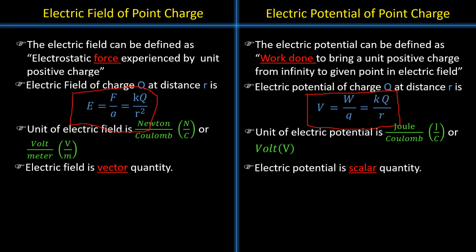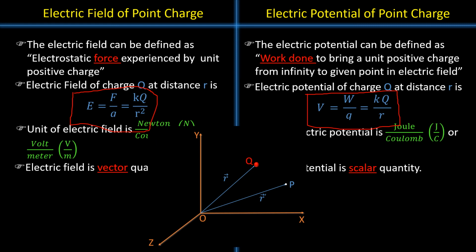Very important difference. Understand that electric field is also influence of charge, electric potential is also influence of charge, but electric potential is slightly easier quantity to deal with, easier to handle, as compared to electric field.